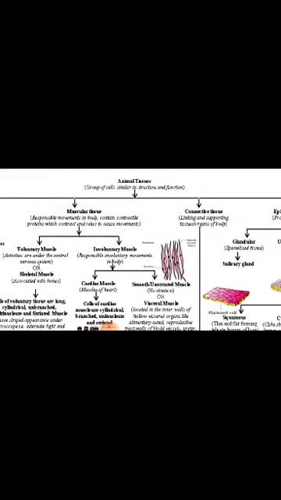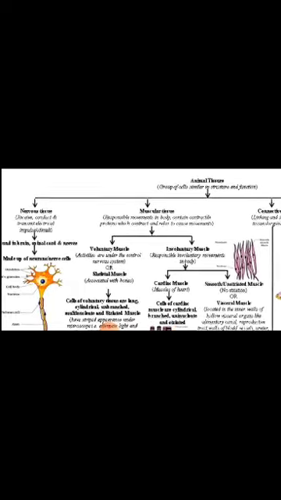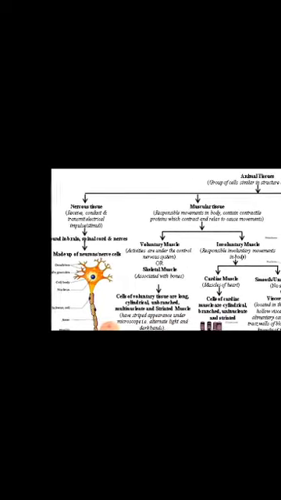Now this is a big figure, but we'll just revise the animal tissues in short. When we talk about animal tissues, we had talked about the different types of animal tissues. They are classified into nervous tissues, muscular tissues, connective tissues and epithelial tissues. So we'll go in a reverse way. We'll start with the epithelial tissues.